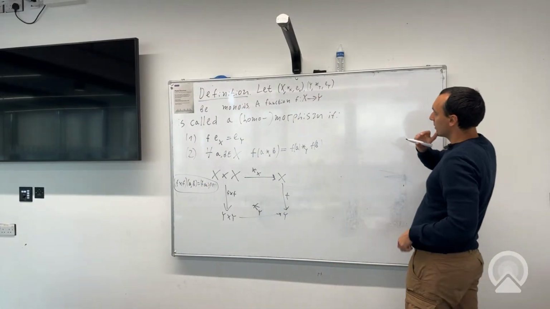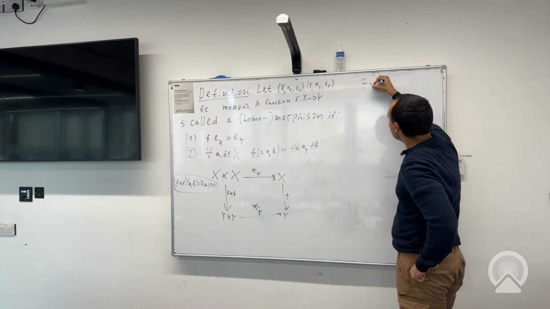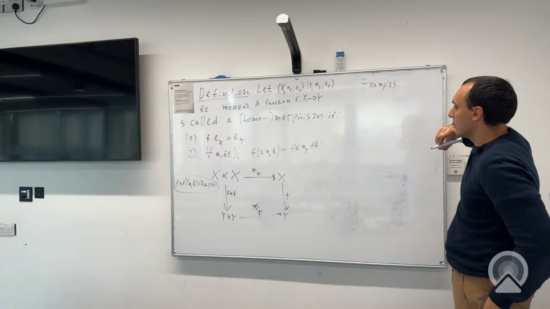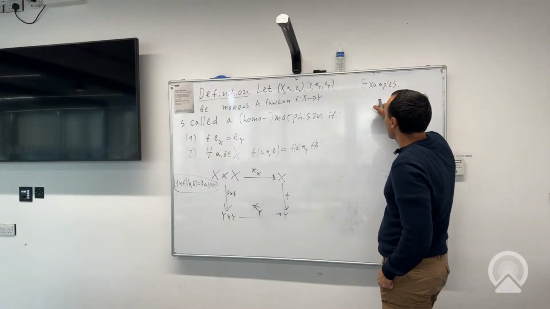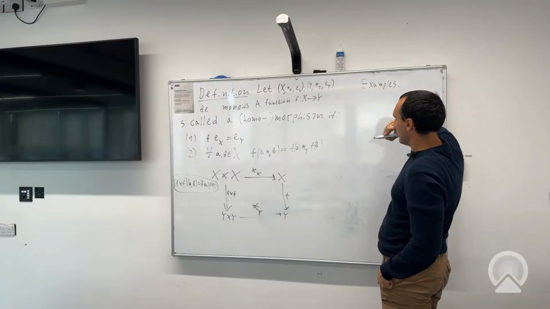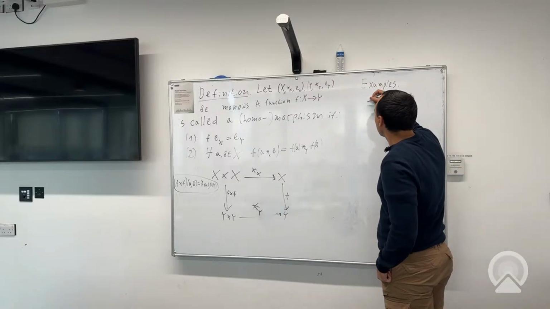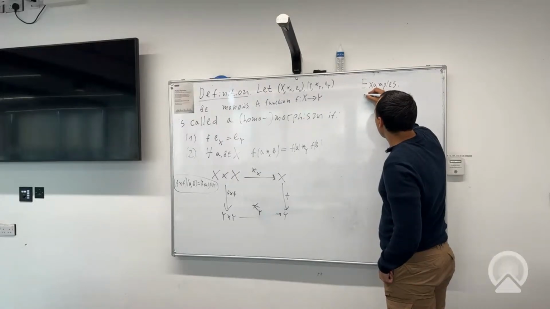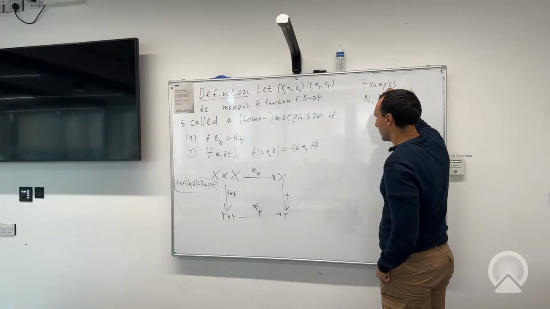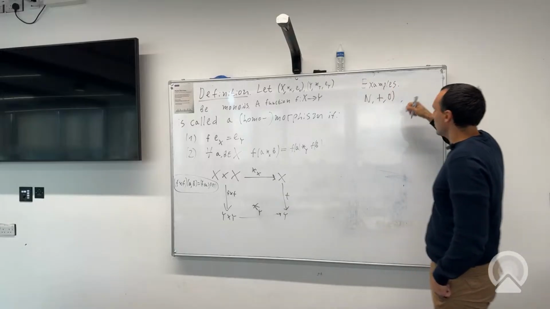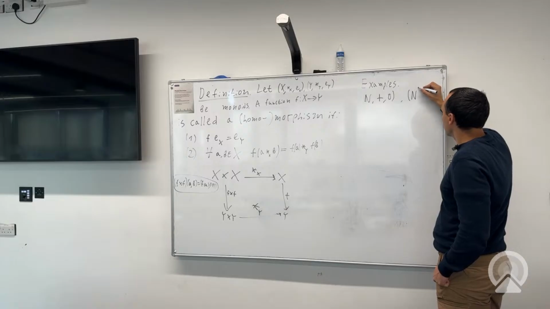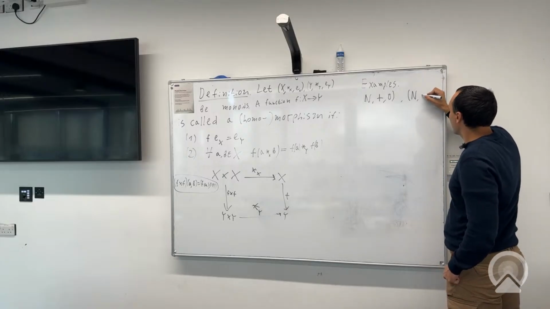Okay, so some example. An interesting example is natural numbers with addition and 0, and also natural numbers with multiplication and 1.